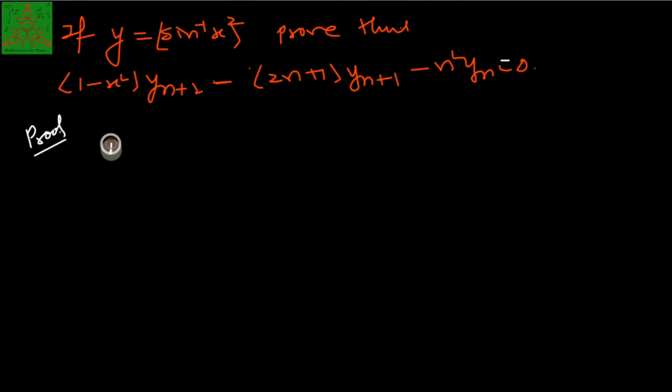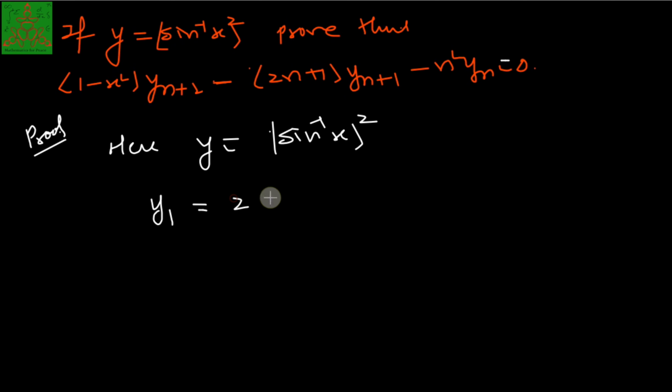That means here the function y is sine inverse of x whole square. If you take the first derivative of this one, that will give me y1 is 2 sine inverse of x into 1 upon square root of 1 minus x square.